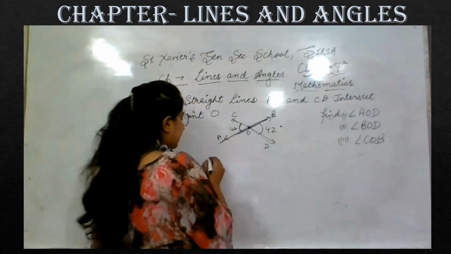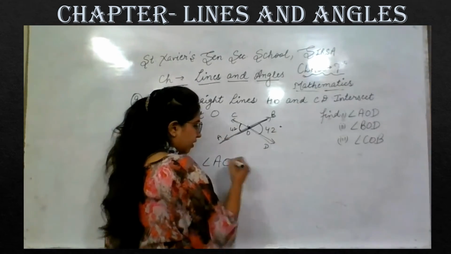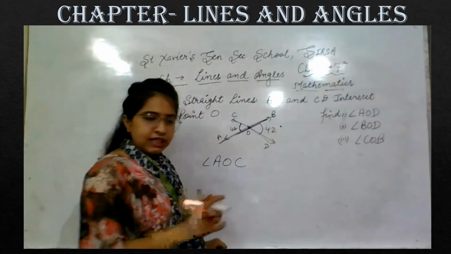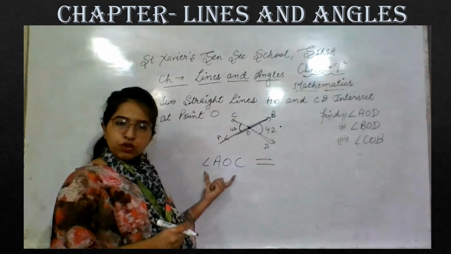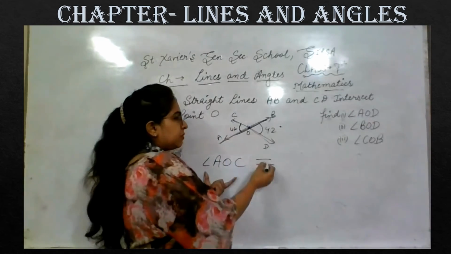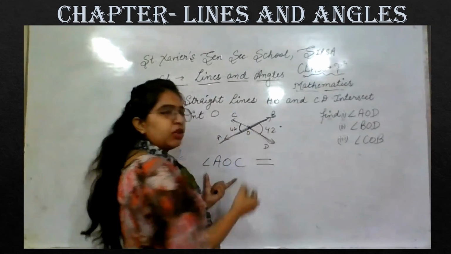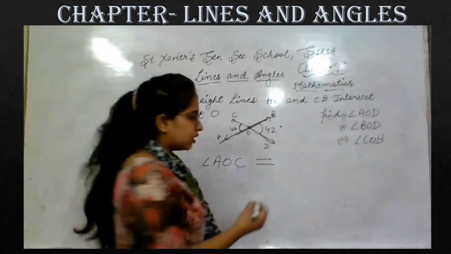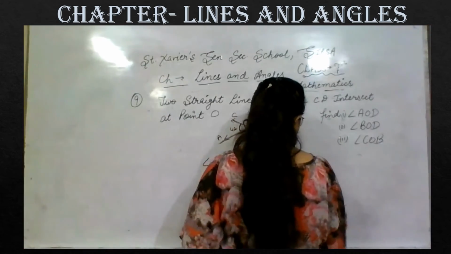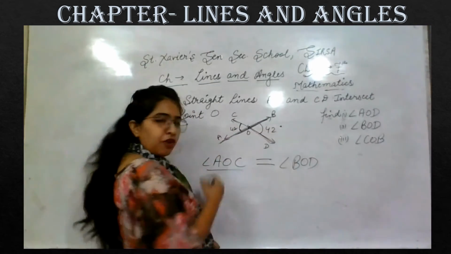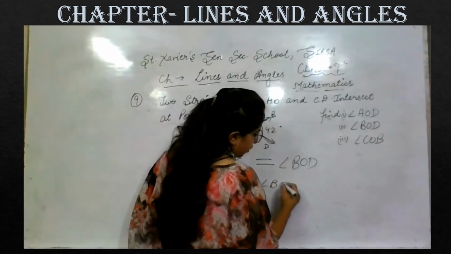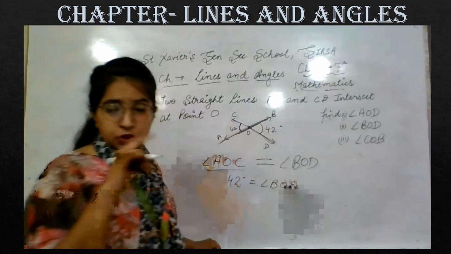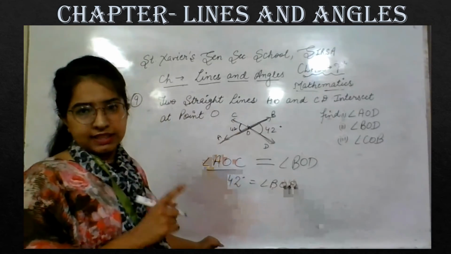See, angle AOC is 42 degrees. AOC is given to you as 42 degrees. This must be equal to BOD. If this is 42, then BOD will also become 42. You have to write the reasons in brackets.